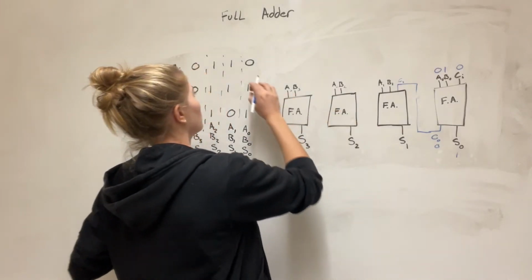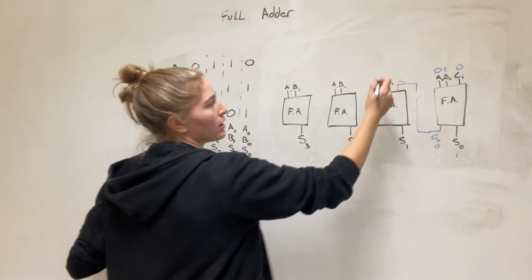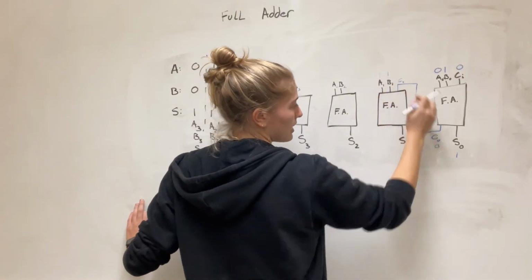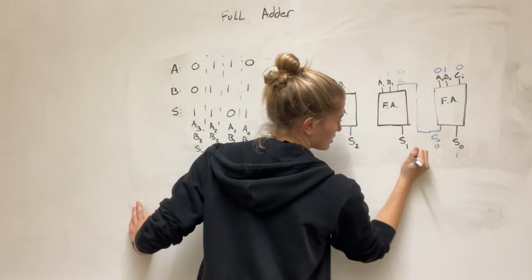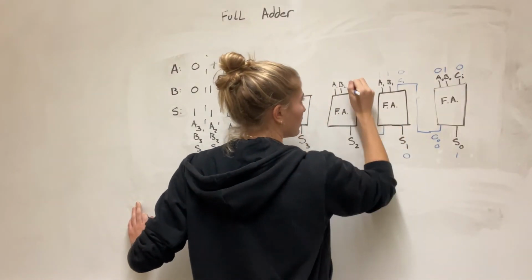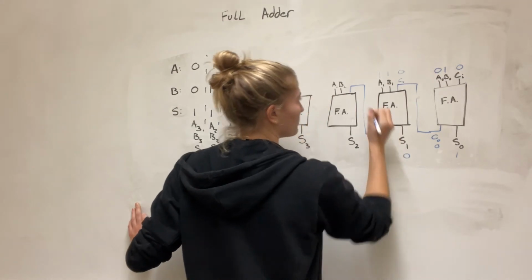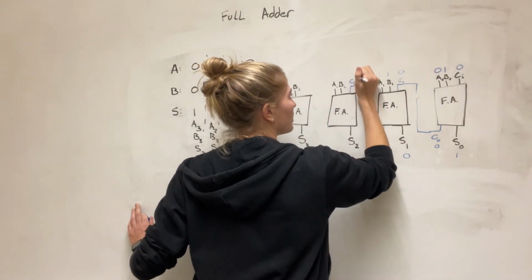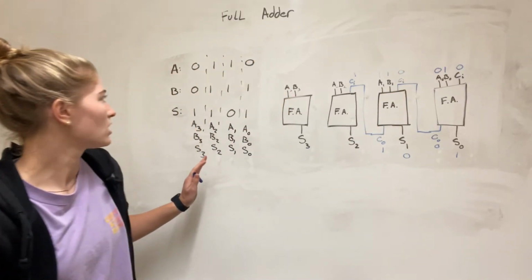Let's continue. Our next one is A1 is 1, B1 is 1, and our carry in is 0. So 1 plus 1 is 0 with a carry out bit of 1. Carry out is 1, which means that this carry in is 1. Our next digits are 1, 1.